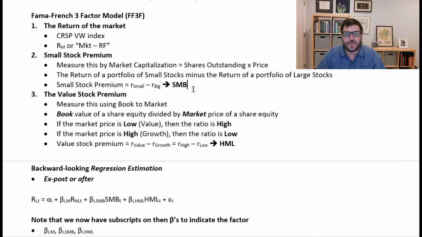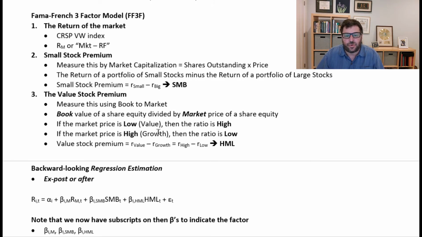The other priced factor that Fama and French wrote about in the early 90s is the value stock premium. And this is measured using book to market. It's the book value of a share of equity divided by the market price of a share of equity. A stock that has a low price has a low denominator, and so the book to market is high.